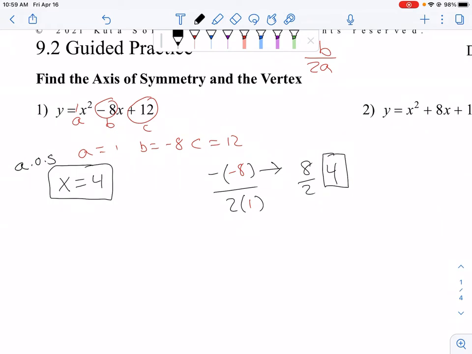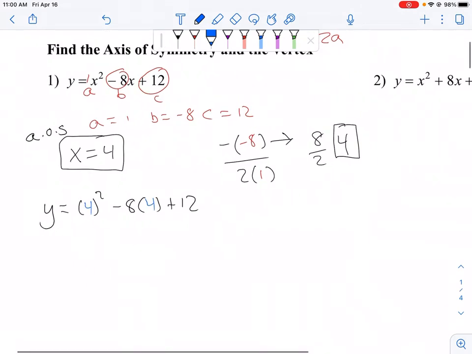To find our vertex, we are going to take our axis of symmetry, the value we found, and replace it for x in our equation. Our axis of symmetry was 4, so I'm going to replace x with a 4 in my equation.